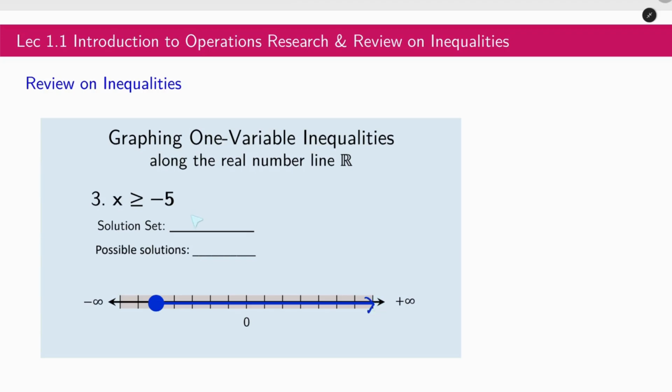The solution set is, we have here half open interval. So, we have -5 to positive infinity. Possible solutions, of course, -5 is included. -4, 10, 12.73. Ayan, random lang. Okay?